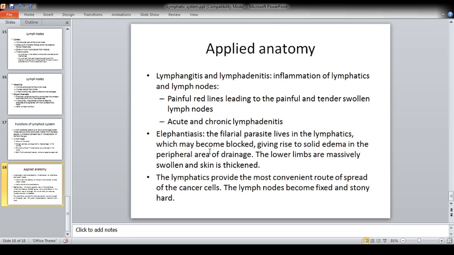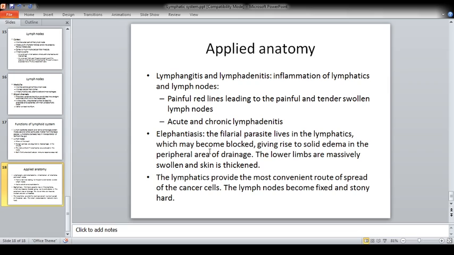So when lymphatic channels get blocked, more and more lymph would start accumulating in the organ from where the lymphatic channels were draining the fluid. So if the lymphatic channels of the popliteal region, that is the knee region, are blocked, there would be excessive lymph accumulating in the lower legs and solid edema would occur.